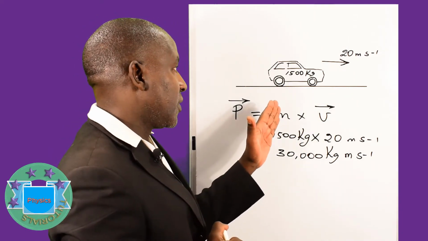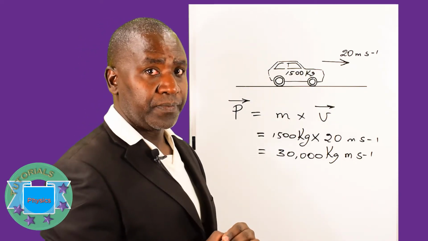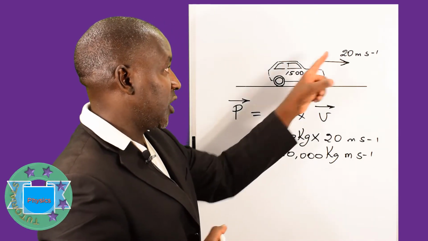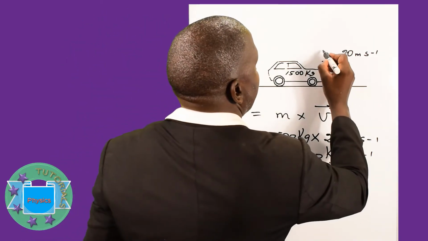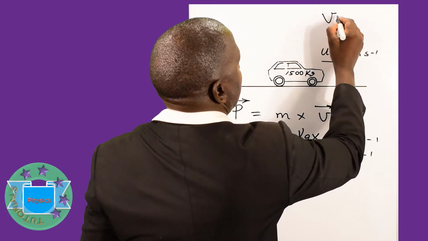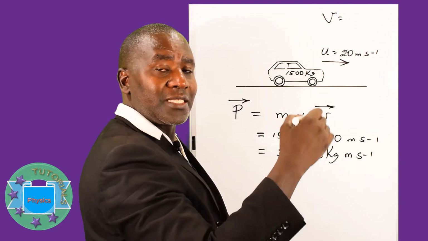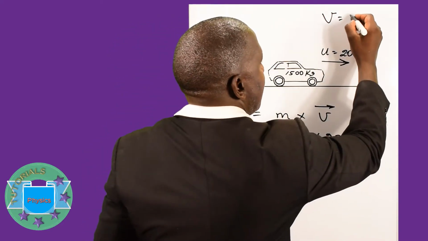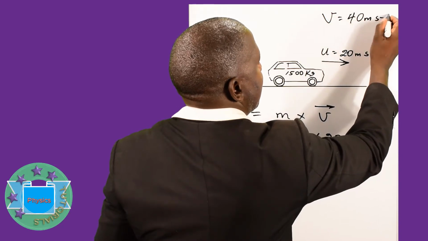Suppose it were to move with double this velocity. So its velocity was initially 20 meters per second. This was the initial velocity. Suppose its final velocity after maybe the engine exerts a certain amount of force is 40 meters per second.